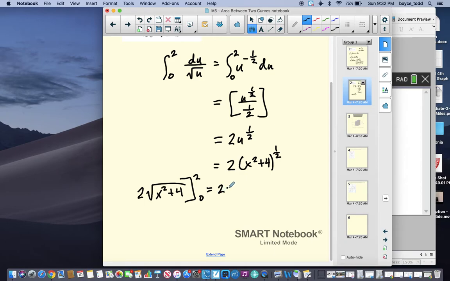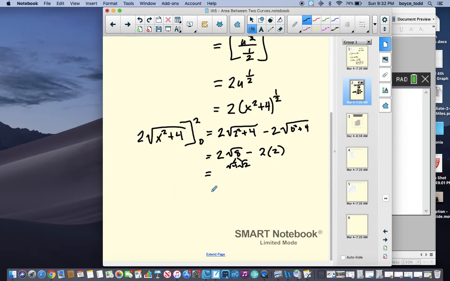Right, so you can see as you input 2, you're going to get 2 squared plus 4, and then you're going to subtract, and here you're going to get 0 squared plus 4. Okay, so that's going to become 2 square root of 8 minus 2 times, well, square root of 4 is just 2, so minus 2 times 2. Now one thing to simplify here is that square root of 8 is really square root of 4 times square root of 2, and that becomes 2, so we're saying 2 times 2 square root of 2, right, minus 4.